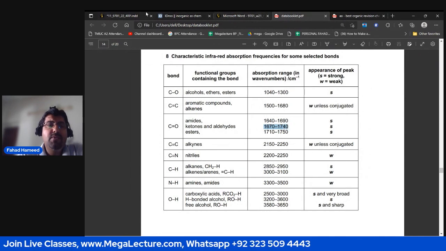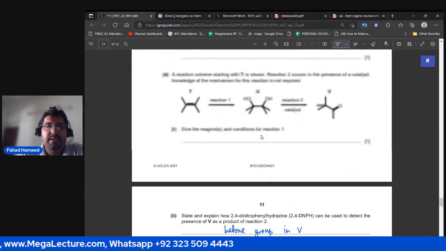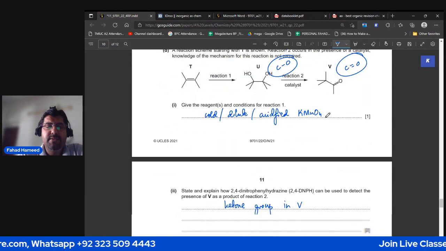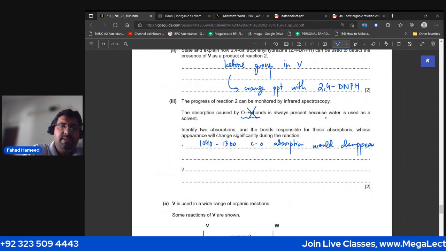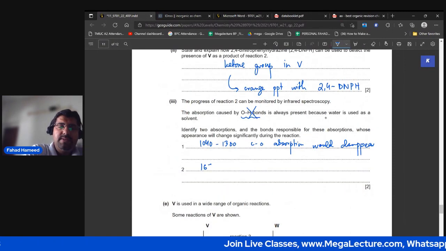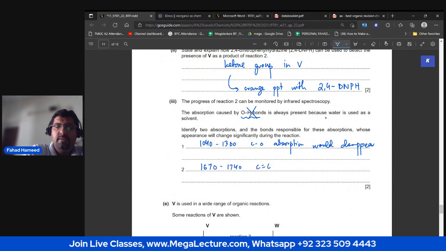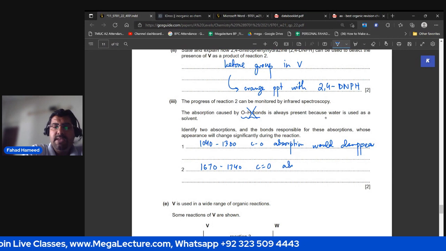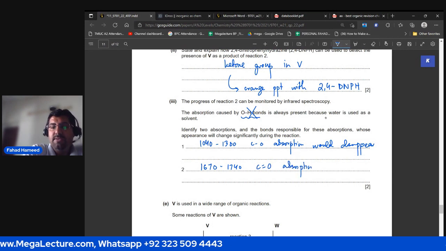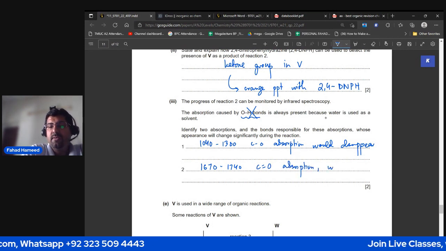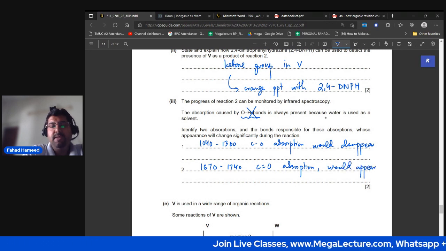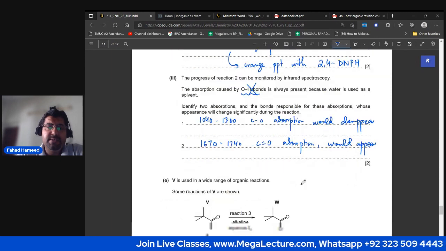The C=O is going to appear, so this one would appear: 1670 to 1740. Initially it wasn't there, but now in the product it's going to be there. So this absorption would appear. These two would change significantly. So that's the answer to this one.